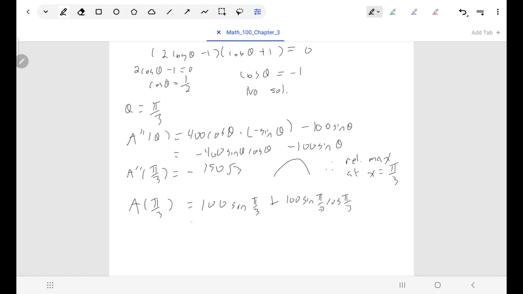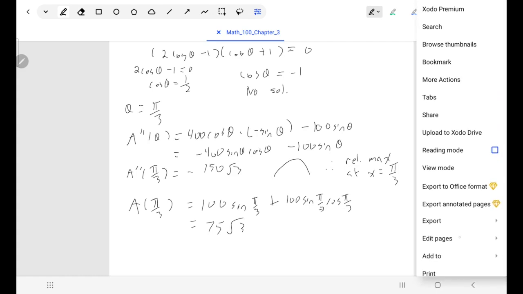And if I clean that up, again, sine of pi over 3 is root 3 over 2, cosine of pi over 3 is 1/2, and it winds up giving me 75 root 3. So that's my area at pi over 3.